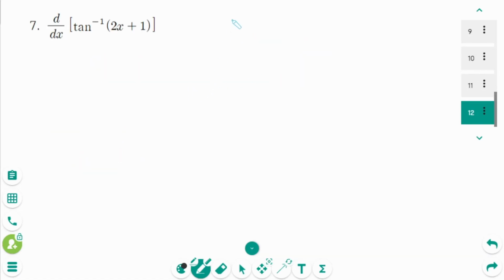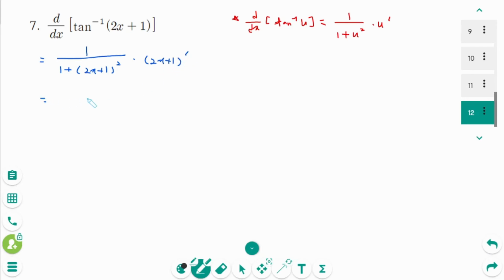Question 7. Think of it as d dx of arctangent of u equals 1 over 1 plus u squared times u prime, equals 1 over 1 plus 2x plus 1 squared times 2x plus 1 prime, equals 1 over 1 plus, you can expand, 4x squared plus 4x plus 1 times 2, over 4x squared plus 4x plus 2.